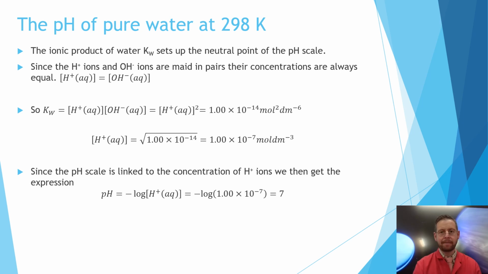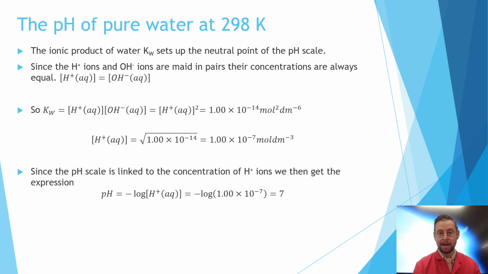Because why multiplying by themselves? Because there's the same number of OH minus, and so therefore it's the same as multiplying it by anything that's the same number. OH minus and H plus have the same number. So it's equivalent to say that the concentration of H plus squared is equal to the concentration of H plus multiplied by the concentration of OH minus.